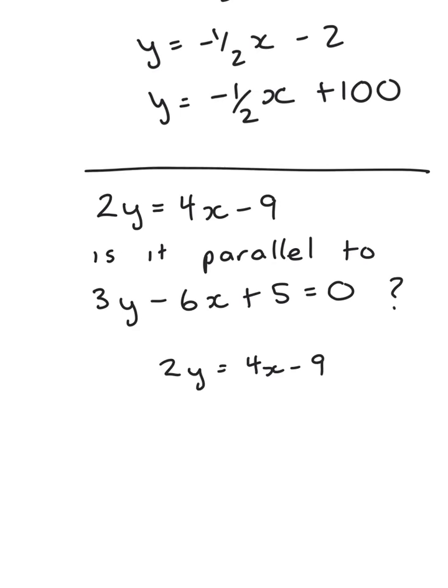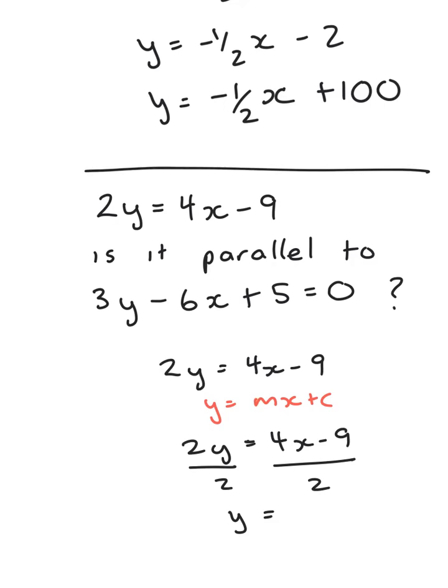To change it into the format y equals mx plus c, I must divide both sides of the equation by 2. Then I can see y equals 2x take 4.5. The gradient of this line, the first line, is 2, mx.